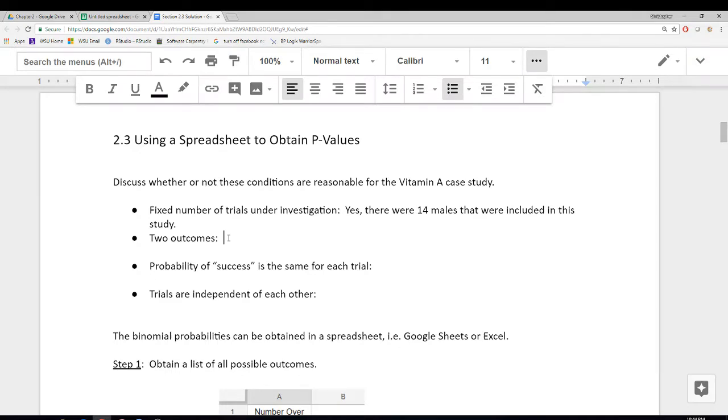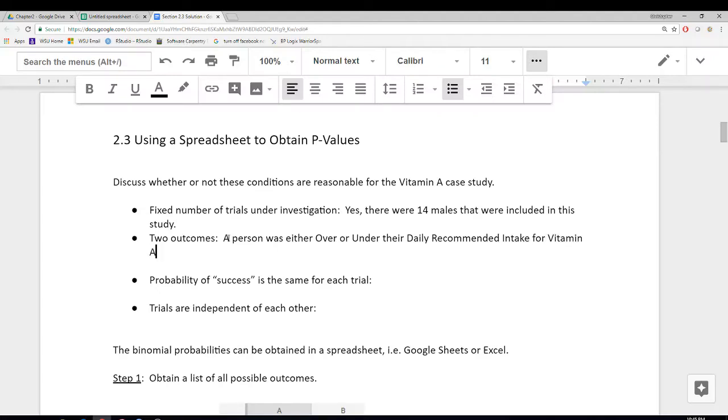There were. A person was either over or under their daily recommended intake for vitamin A. So over or under were my two outcomes.